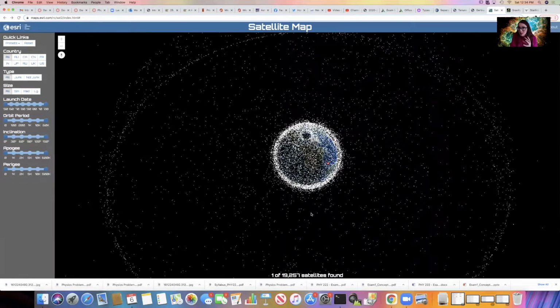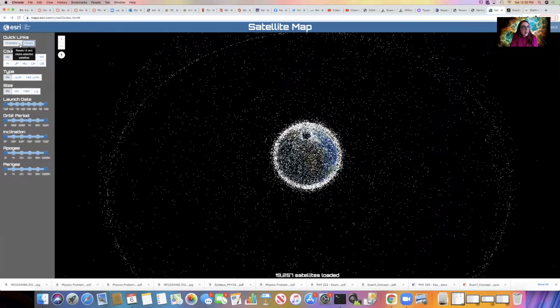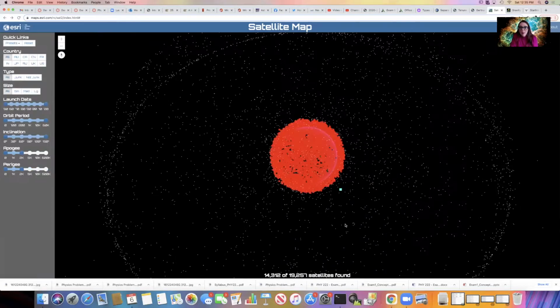Low Earth orbit is a satellite that's orbiting the Earth at a distance of 2,000 kilometers above the surface or less. So the International Space Station is actually pretty close above us in our sky, at the uppermost part of our Earth's atmosphere.